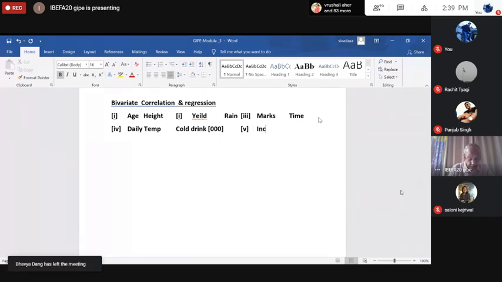Income and expenditure. These are examples of dependent study. One of the variables depends on the other.